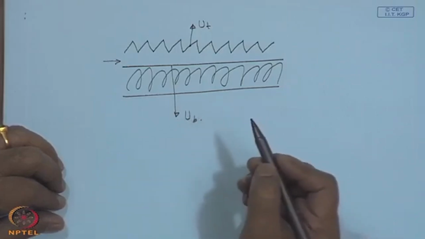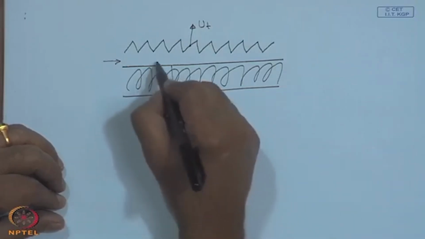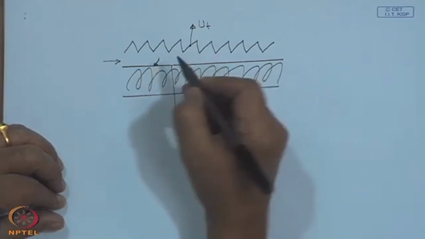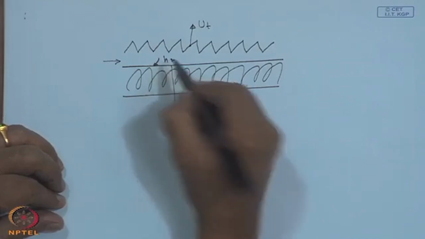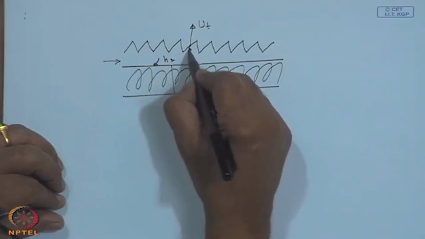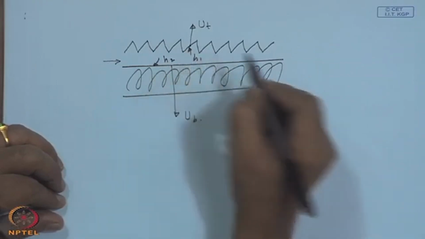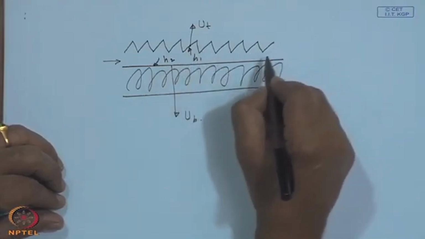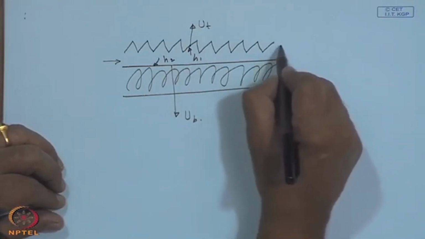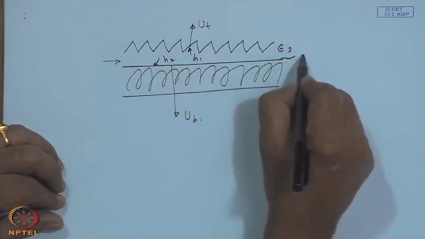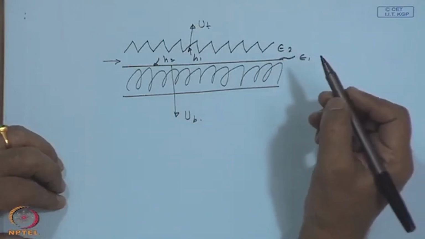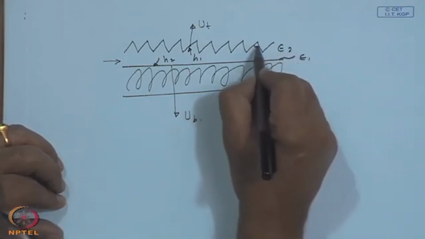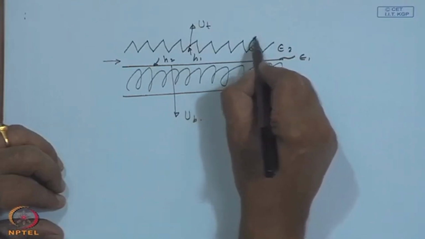So, U T and U B are your top loss and bottom loss heat loss coefficients, this is your H2, to the corrugated plate it is H1, with of course, you can have an epsilon 2 and an epsilon 1, or correspondingly alpha 2 and alpha 1, and this angle is phi.